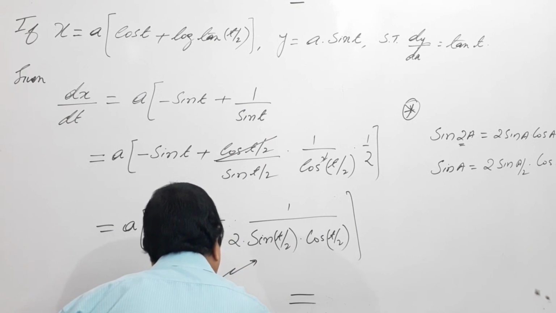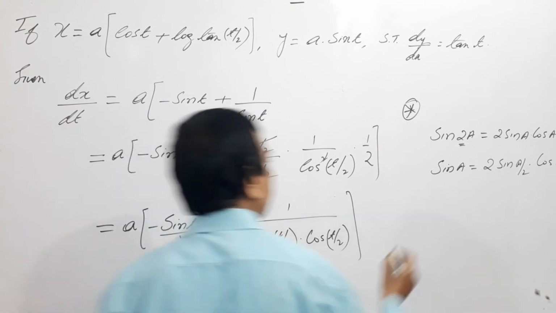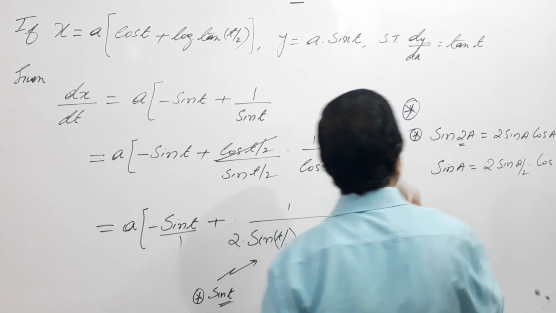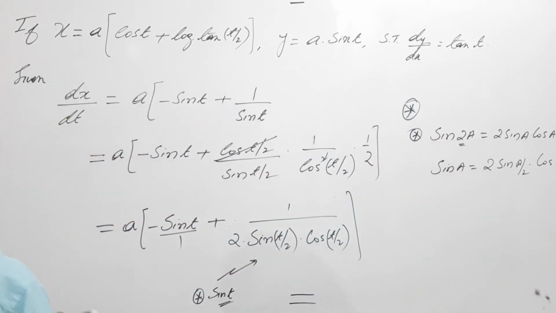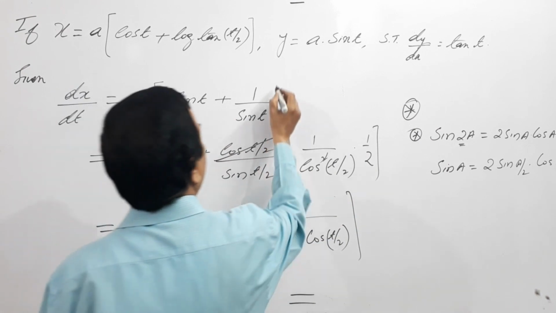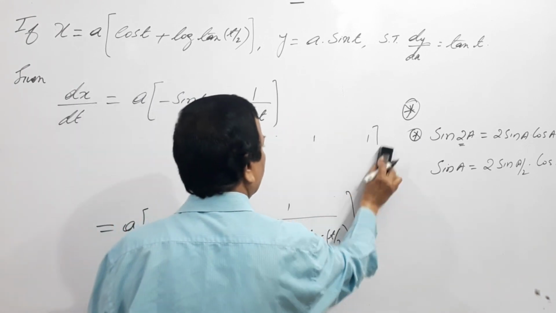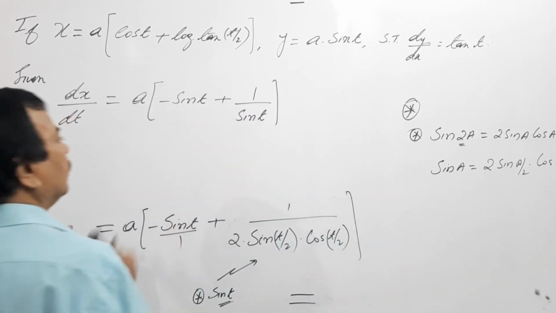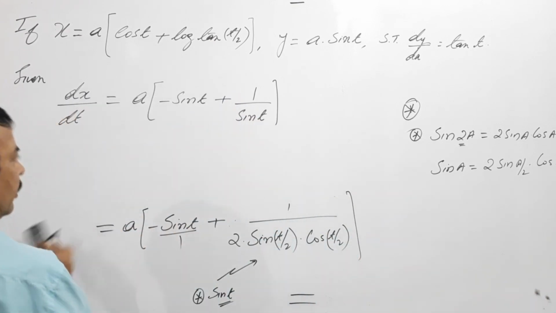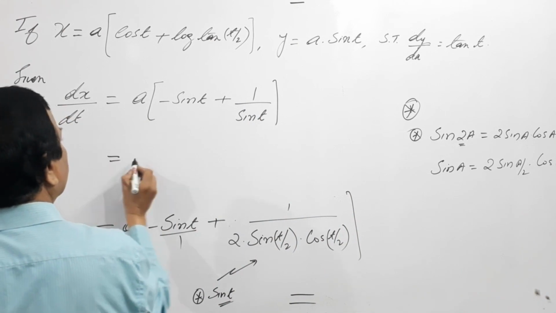So this becomes sin t, and close the bracket. I rub this. What happens to this?